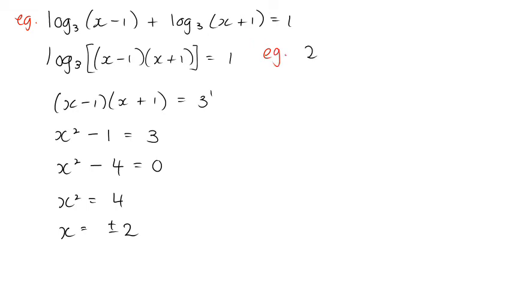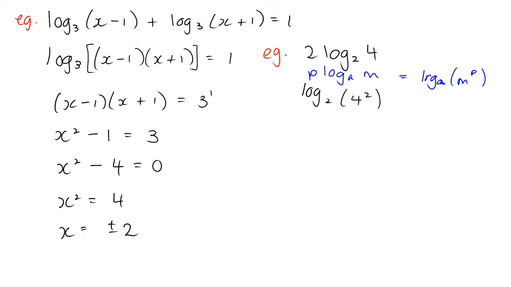Alright, last one. 2 log base 2 of 4. What rule? Fourth one. So we can do 4 to the power of 2. P log A M, so we can make it log of M to the P, which is 4 to the 2. So log 2 of 4 squared.